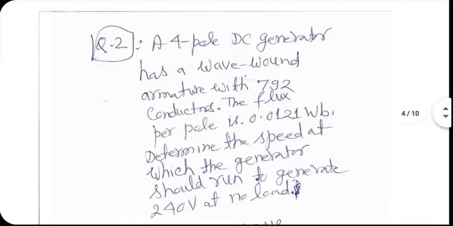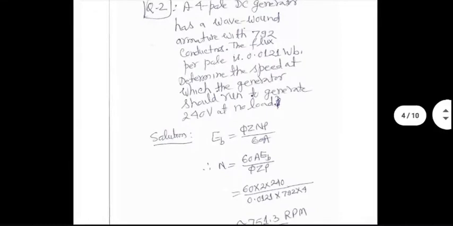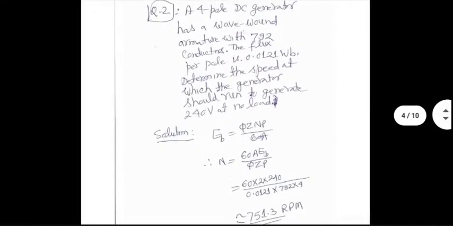It's a straightforward application of the well-known equation. EB is given, phi is given, Z is given, P is given, A is given.